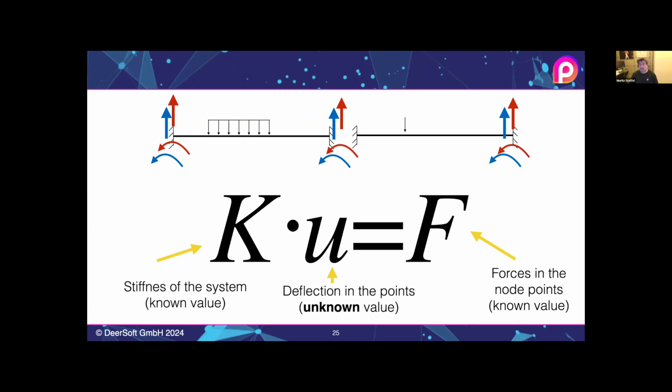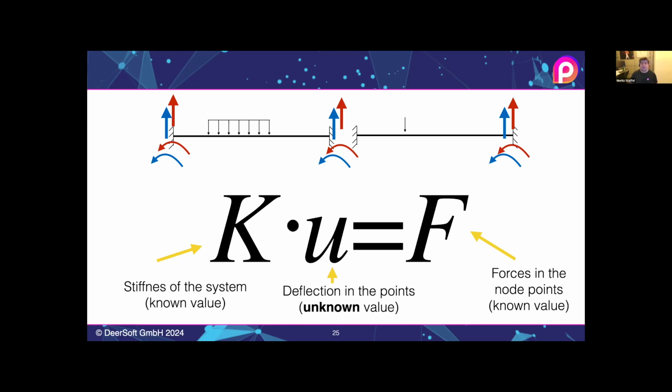So they are the same and they are interconnected. The equation that we now need to solve is K, which is the stiffness of the system, built up from the trusses and how they are connected to each other, times the deflection of the points. This is the actual unknown value.